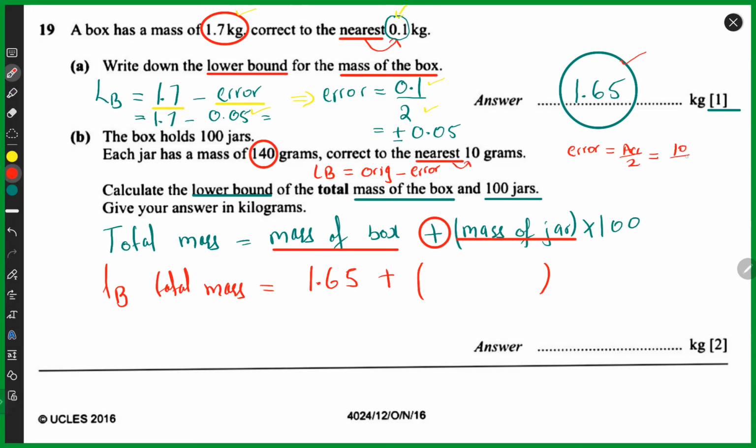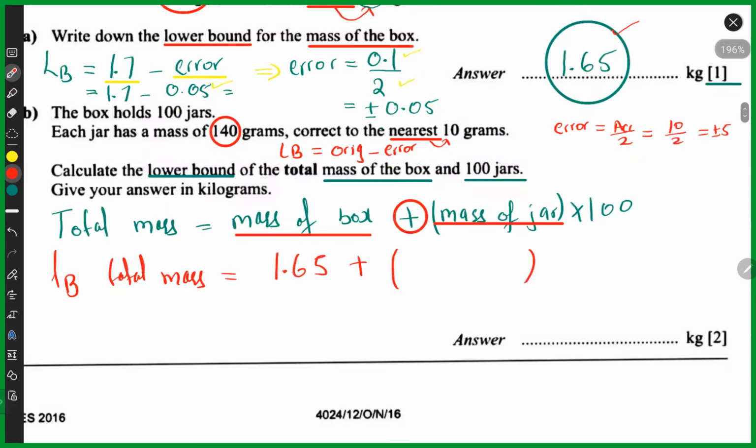So 10 divided by 2 would give you plus minus 5. Plus minus 5 is my accuracy. So original was 140. Lower bound means minus error. So minus 5, and it would give me 135. So the lower bound of mass of jar would be 135 multiplied by 100, because the question was about finding the lower bound of the total mass of the box and 100 jars. So that is why I have a 100 here.